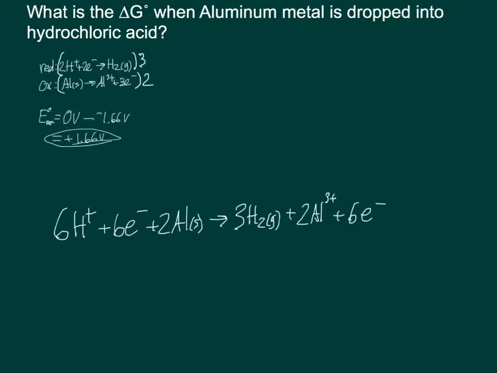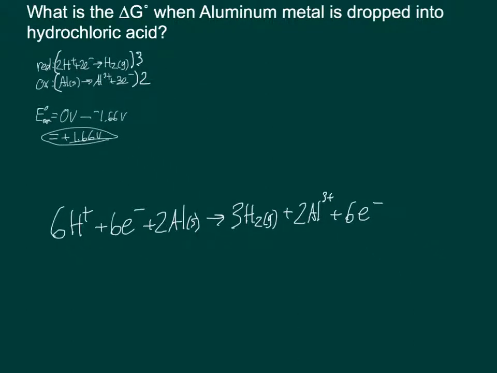So that's now my net reaction, and I can pretty quickly see that we can cancel out the 6 electrons on both sides to get our net.